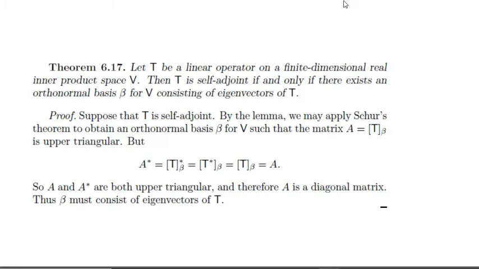So T is self-adjoint, you can apply the lemma, you will see that A is equal to [T]beta, which is an upper triangular matrix. Take the adjoint A star, which will be equal to [T star]beta, and [T]beta star is equal to [T star]beta, and T star is equal to T because it is self-adjoint. So you get that A and A star are both upper triangular and are equal, therefore A is a diagonal matrix and beta must consist of eigenvectors of T.